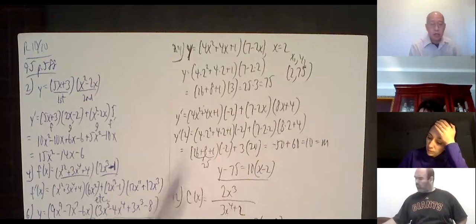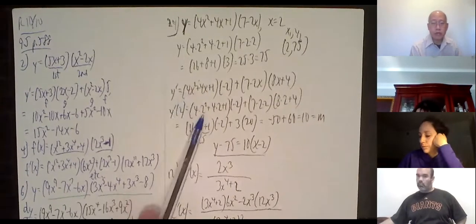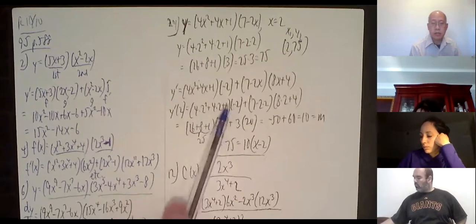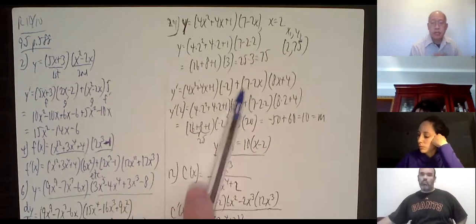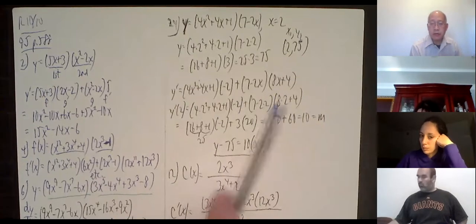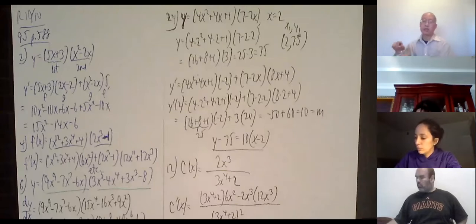it out. Okay, so we say y prime of 2, right? So 4 times 2 squared plus 4 times 2 plus 1 times negative 2. 7 minus 2 times 2, we just did that. 8 times 2 plus 4. Okay, so a lot of computation here now.